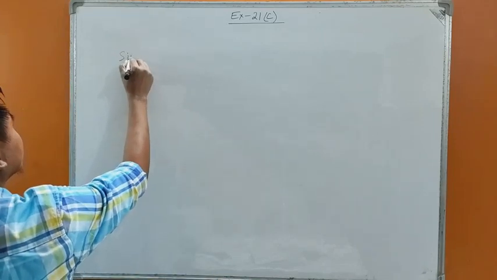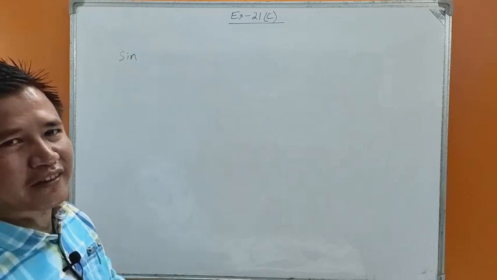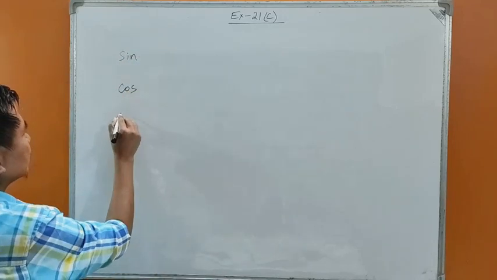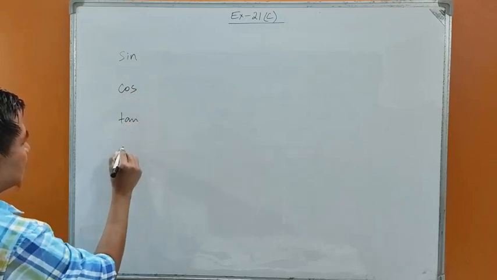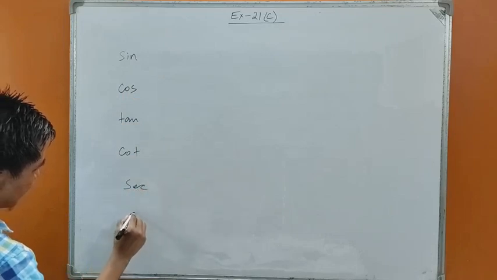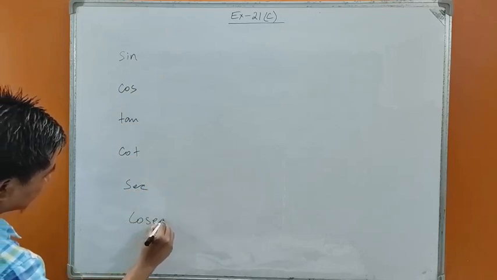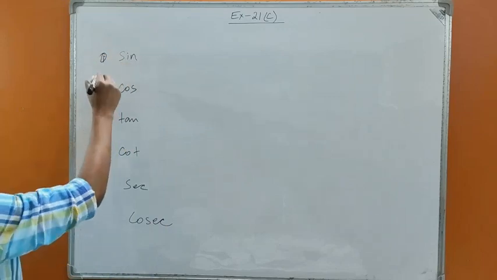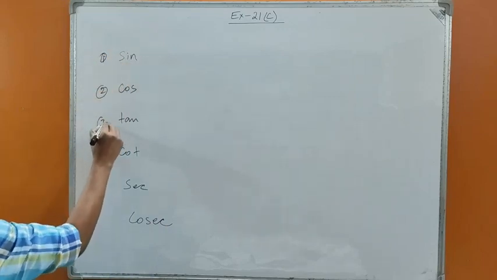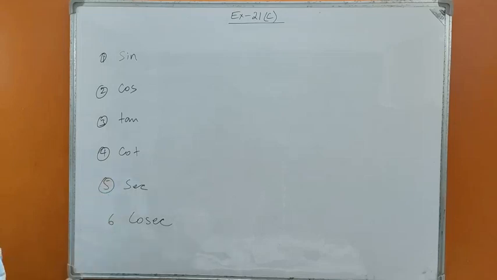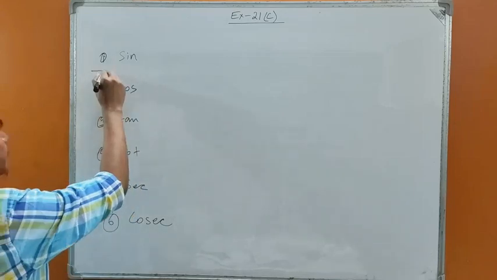We have 6 trigonometrical ratios, isn't it? Sine, cos, tan, cot, sec and cosec. There are 6 of them: 1, 2, 3, 4, 5 and 6.